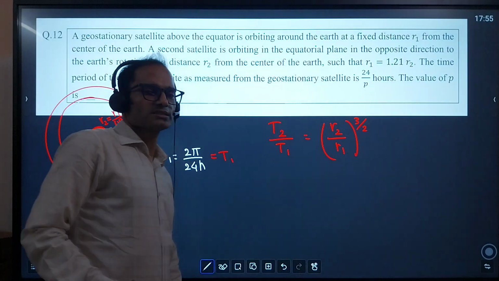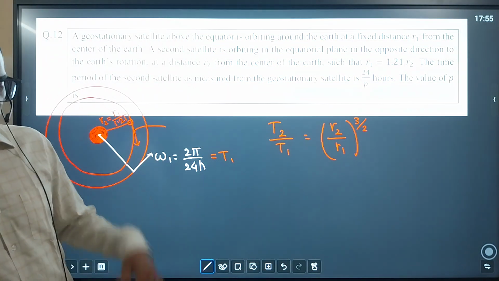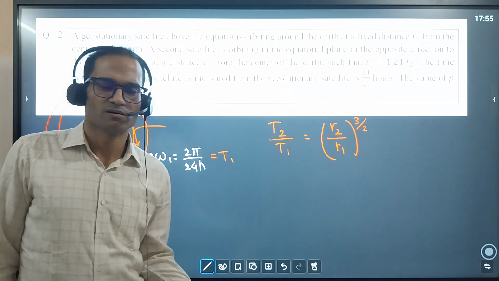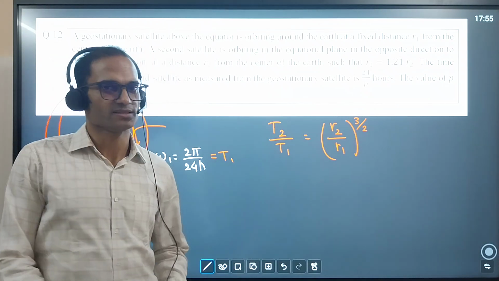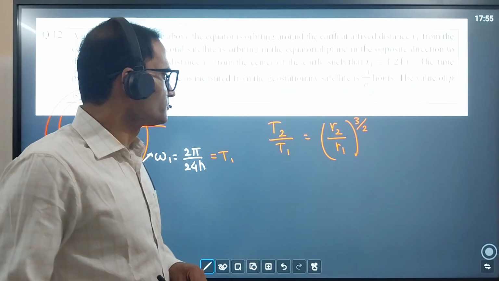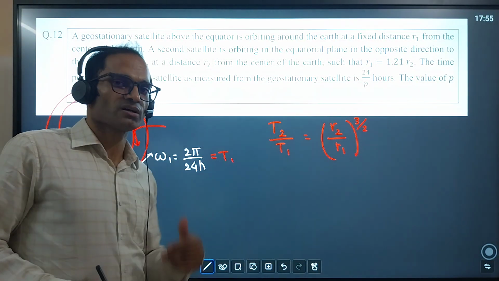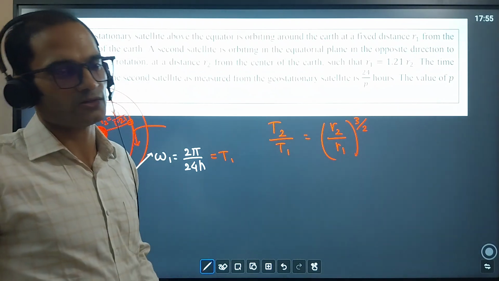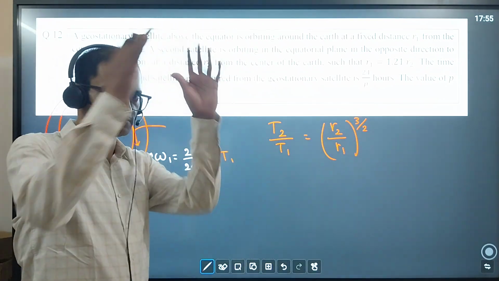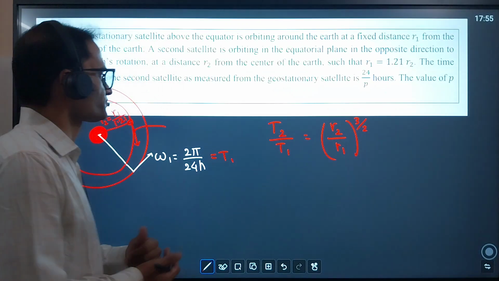This is Kepler's law. Kepler gave the law for planets and sun, but it is valid for circular orbits also. It is valid for earth and its satellite, or any other massive body and its satellite.